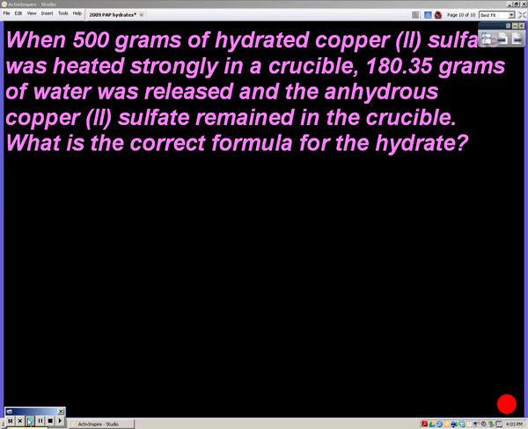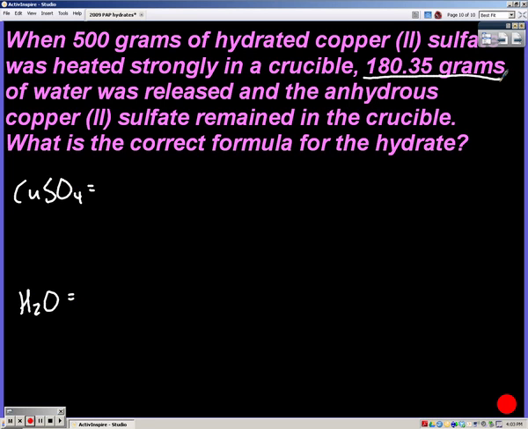Go ahead and read this problem and try to solve it on your own. Restart when you have your answer. First, we write our anhydrous formula down and then water. They told us the amount of water that's released is 180.35 grams, so that goes down here.